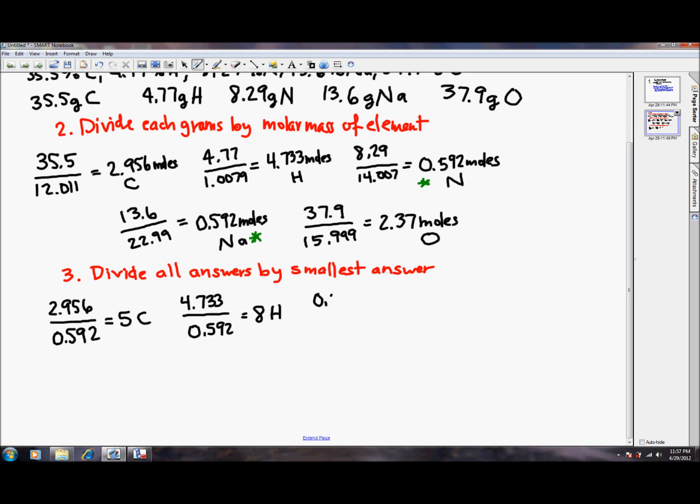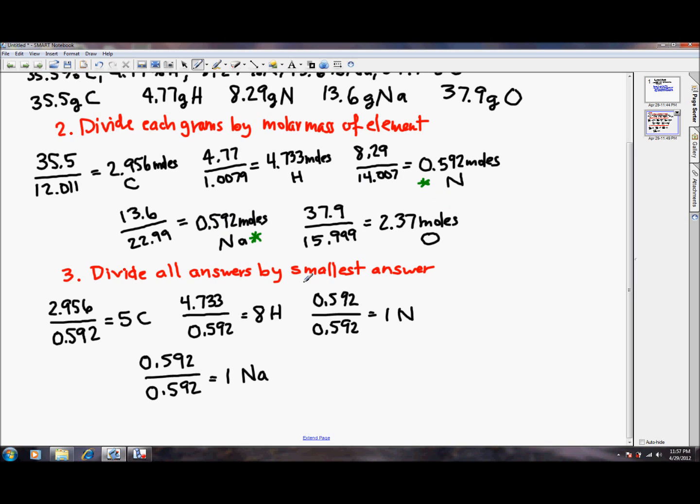Okay, 0.592 divided by itself. That's 1 nitrogen. Okay, 0.592 divided by itself. That's 1 sodium. Okay, make sure you track.